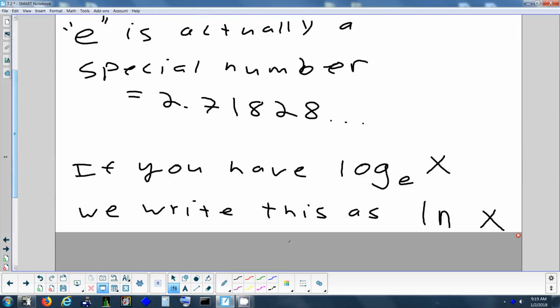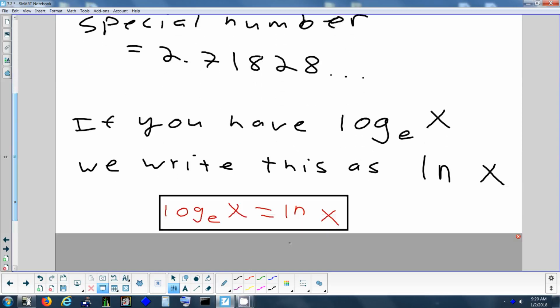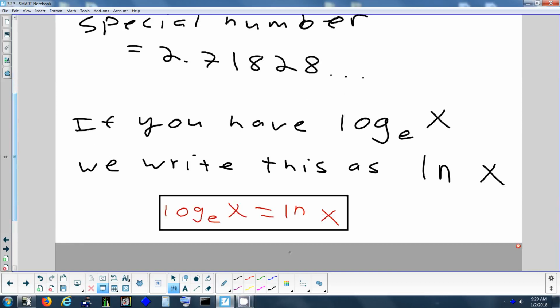So there's 2 logarithms that we study that have special names. What I mean by a special name is if the base is an E, it gets a special name. Or if the base is a 10, it gets a special name. Well, if the base is an E, if you have something like that written, what I just put a box around, we can shorten that to lowercase l, lowercase n.